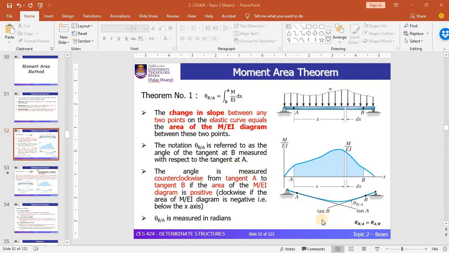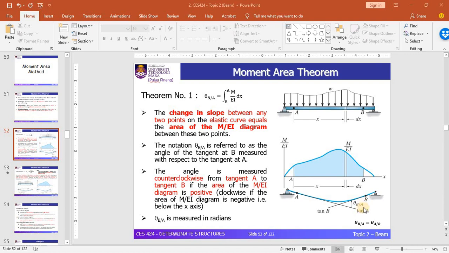For the sign conventions, you may refer to the third sentence in this slide. The angle is measured counterclockwise from tangent A to tangent B if the area of the M/EI diagram is positive. For instance here, this M/EI diagram is positive, so the rotation of this angle is counterclockwise. If it is clockwise, the angle will move from tangent B to tangent A, which we name theta AB.